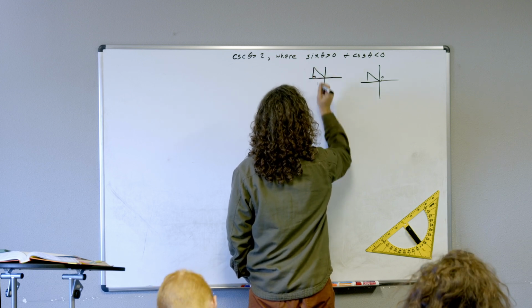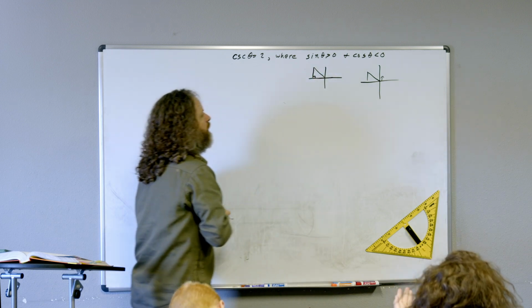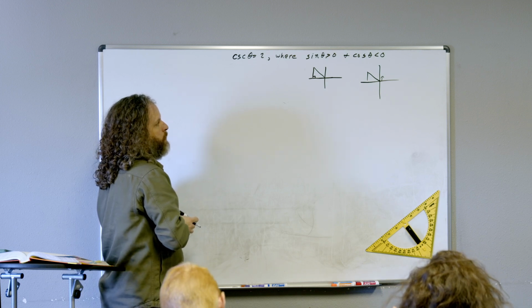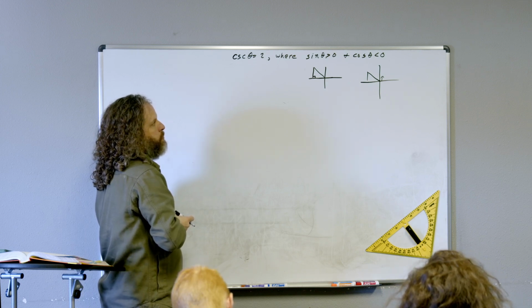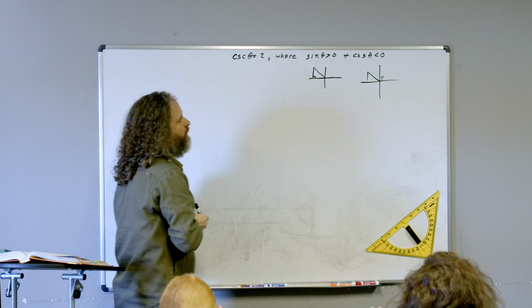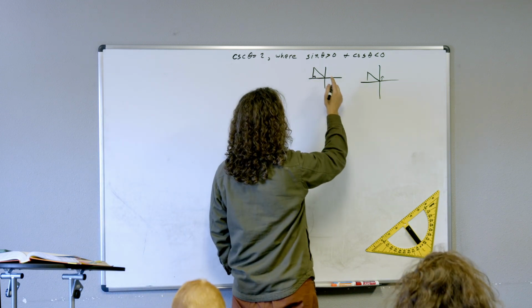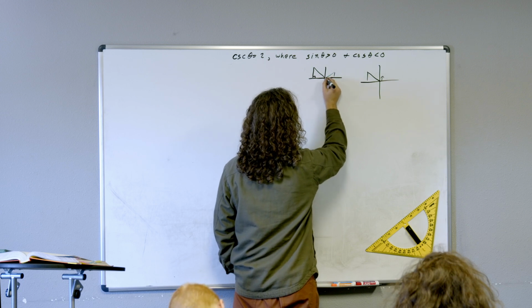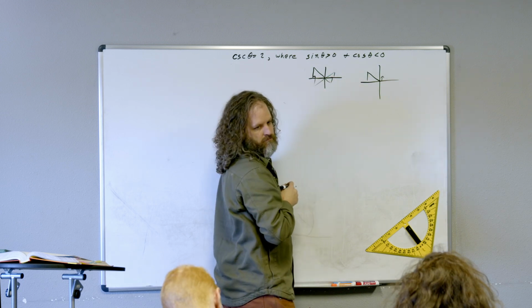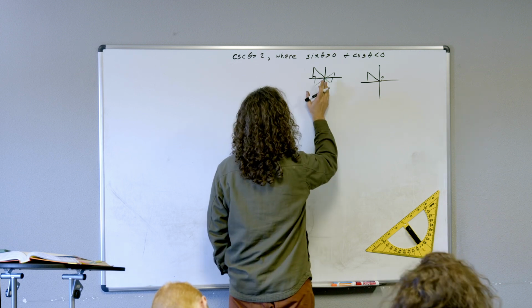Okay, question. How do we know how to draw the triangle? Because I see it going down and to the right, and it's not consistent which way it's supposed to go. It is consistent. If it's quadrant 1, it's here. If it's quadrant 2, it's there.